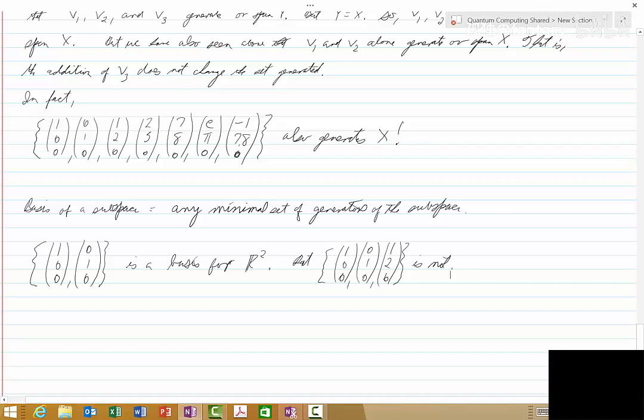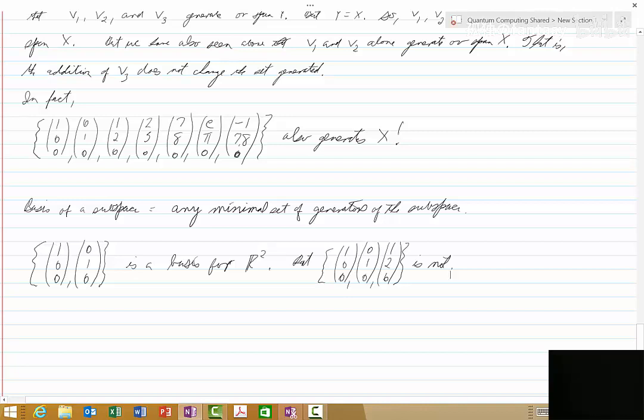This set does generate all of R2, as we saw above. But it's not minimal, because as we have already also saw, these two vectors alone generate all of R2.